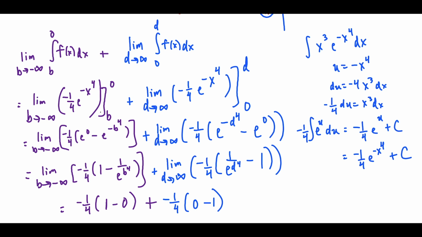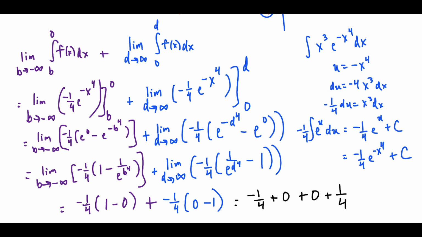When we simplify all of this, negative 1/4 times 1 is negative 1/4, but then negative 1/4 times negative 0 changes to plus 0. And then plus negative 1/4 times 0 gives us another 0 to add. And negative 1/4 times negative 1 is positive 1/4.